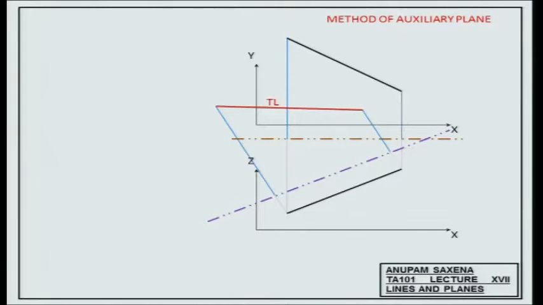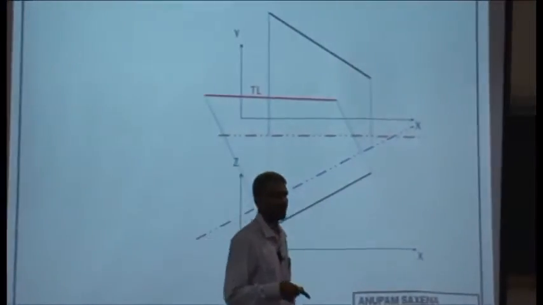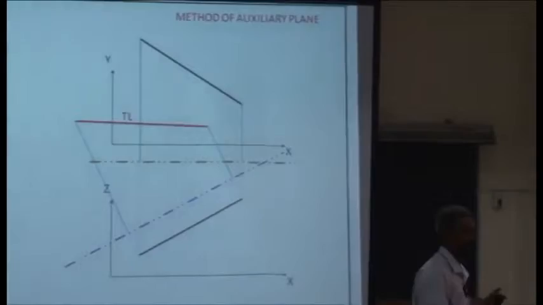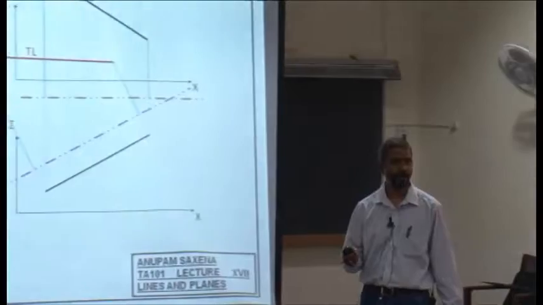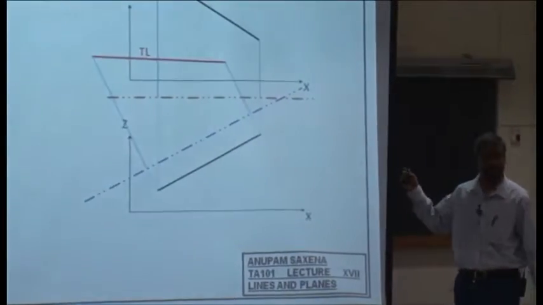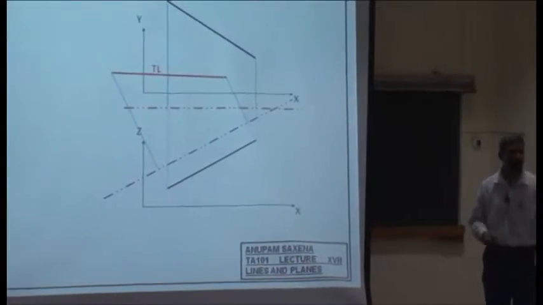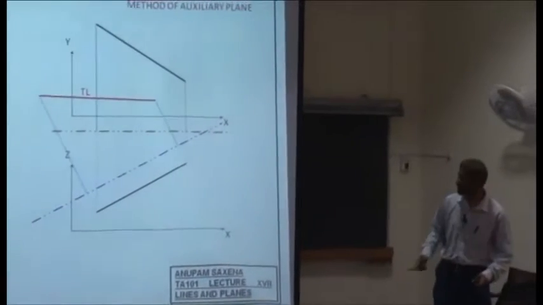Now, if you go back to your method of rotation, and if you go even further back, I had introduced a certain formula, right? If one of the projections is parallel to the hinge line, then the other projection is going to be giving the true length of the line. Do you see something very similar over here?